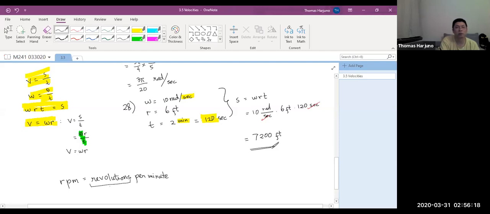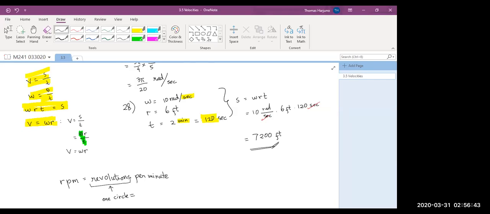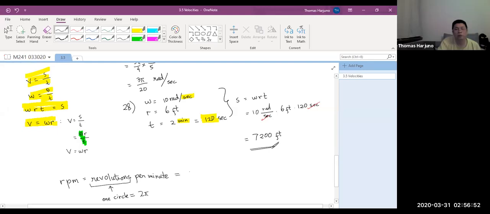Now, one circle is how many radians? 2 pi, that's right. So 1 RPM means 2 pi radian per minute.